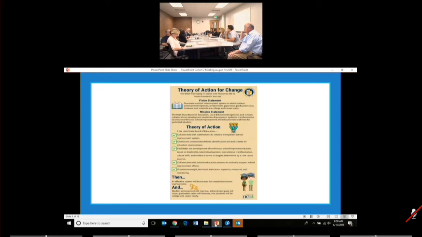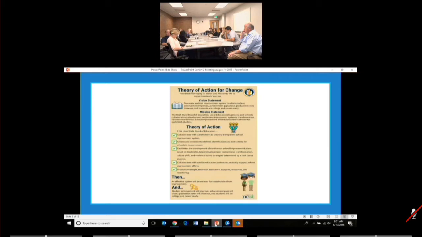Here was our vision statement: to create a school improvement system in which student achievement improves, achievement gaps close, graduation rates increase, and students are college and career ready. Our mission statement, what we do: the Utah State Board of Education, local education agencies, and schools collaboratively develop and implement transparent, systemic transformation to ensure continuous school improvement and educational excellence for each student.